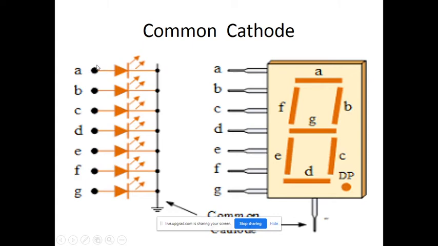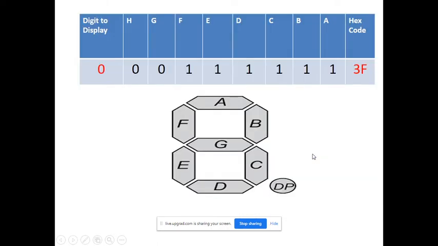When you provide 1, your LED remains on, and when you provide 0, the LED remains off. Means in common cathode configuration 1 is on and 0 means off. Now just see this figure: as per your requirement, provide the signal on these pins, and accordingly that particular number will display on the 7 segment display.